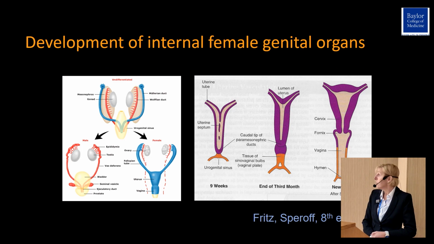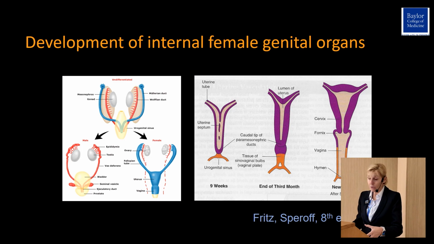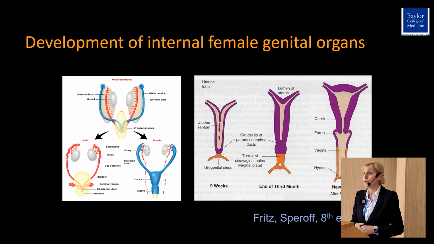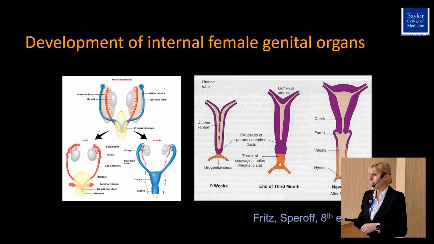So first I wanted to review with you how the Müllerian structures are formed in the embryo. What is astonishing is that everything is already completed by the end of the first trimester, basically. So the uterus and the tubes are already present.